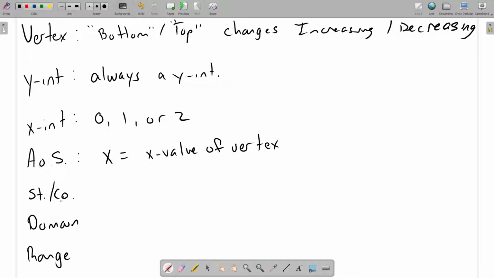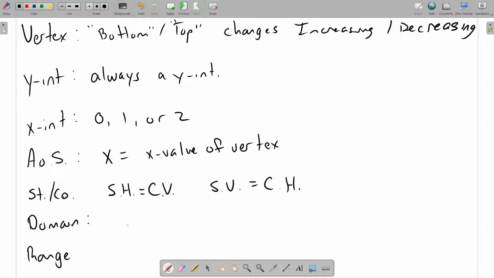Stretching and compressing, remember that stretching horizontally is the same thing as compressing vertically, and stretching vertically is the same thing as compressing horizontally. I would pick one of these two ways that you want to describe something, either vertical stretching and compressing or horizontal stretching and compressing, and stick to it.